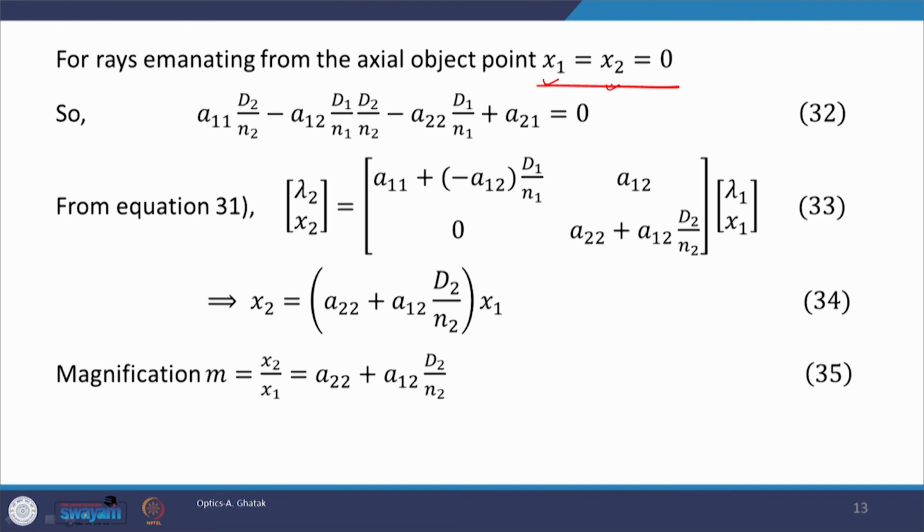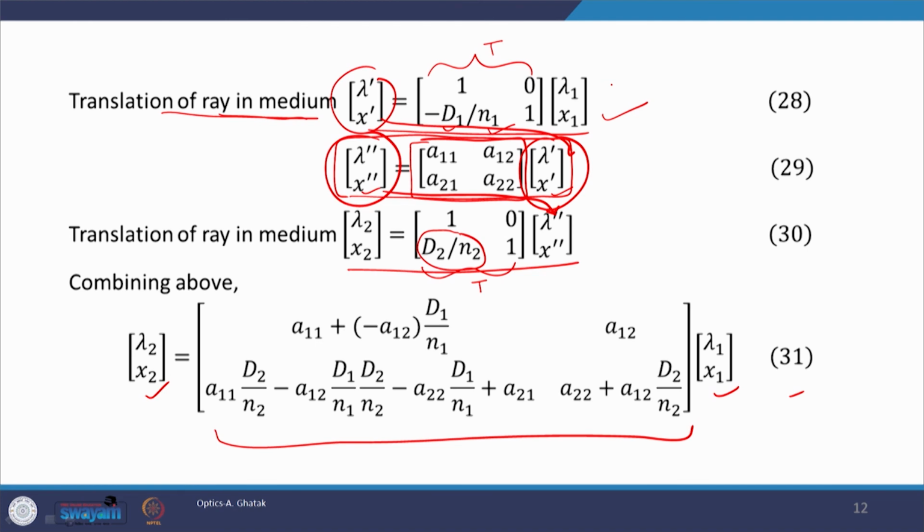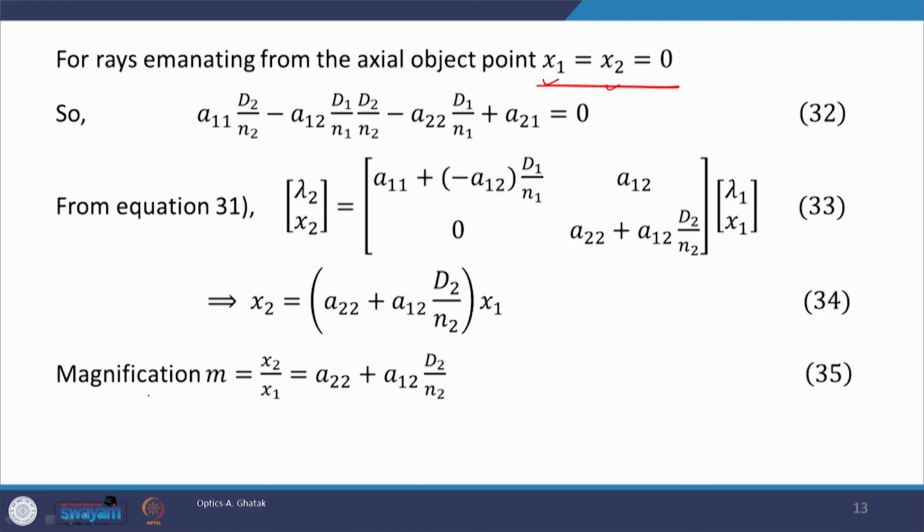And if you substitute and expand equation number 31 for x2, as we did previously, then the coefficient of lambda 1 must be equal to 0.